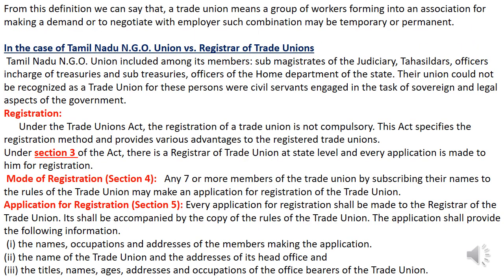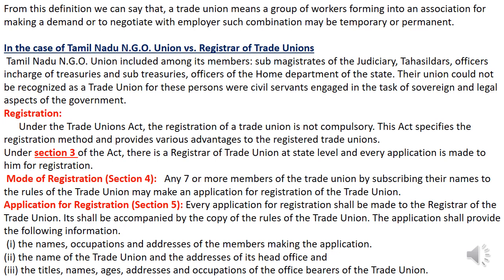So who all can form these trade unions? Tamil Nadu NGO Union versus Registrar of Trade Unions has decided this. This is an important case law which made a decision on who can form trade unions. The Tamil Nadu NGO Union included among its members the sub-magistrates of the judiciary, tahsildars, officers in charge of treasuries and sub-treasuries, and officers of the home department of the state.